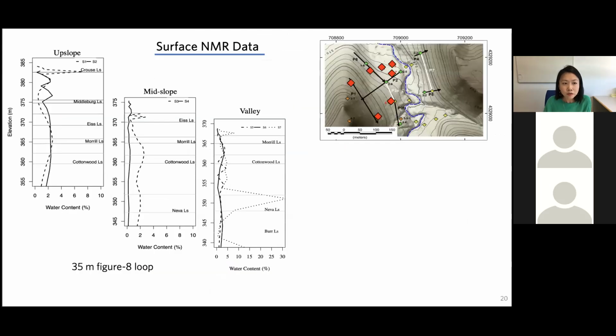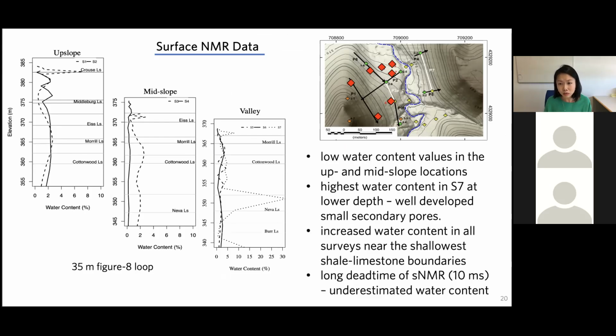So if we take a look at the surface NMR data, the surface NMR is a one-dimensional sounding that averages the information over the loop size. And here we use a loop size of 35 meters, while the depth of investigation for our case is about 3 meters below. And the surface NMR data reveal we have the lowest water content for the middle slope profiles, and a slightly increased water content in the upslope locations.